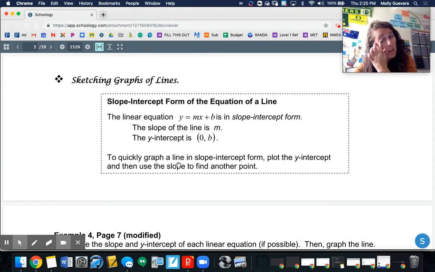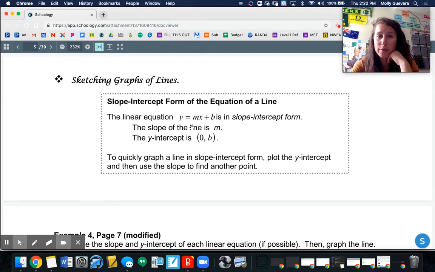Okay, so slope-intercept form is what we were just doing. We were writing things in slope-intercept form, which is y equals mx plus b, right? So the slope is always your m, and then the y-intercept, where you start on the y-axis, is always your b.